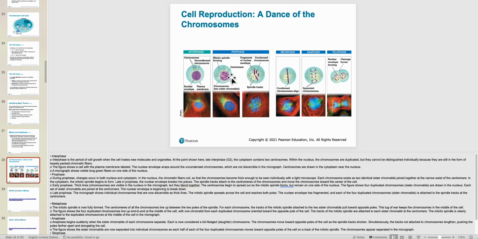Now in prophase, notice we're creating something over here called a mitotic spindle. What it's doing is creating like a highway or a track that's going to separate out the pieces that go with our chromosome. Over here, we've made our chromosome, and you can see it says chromosome now.